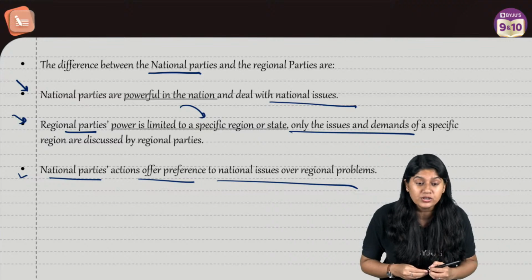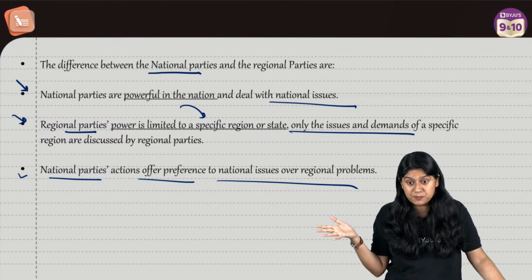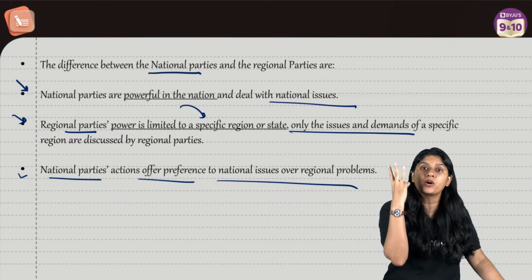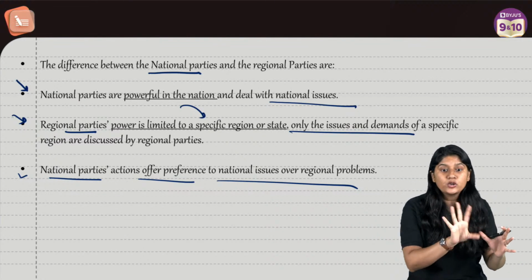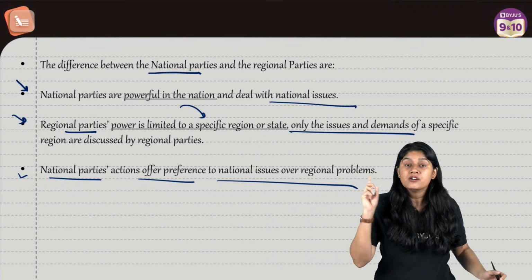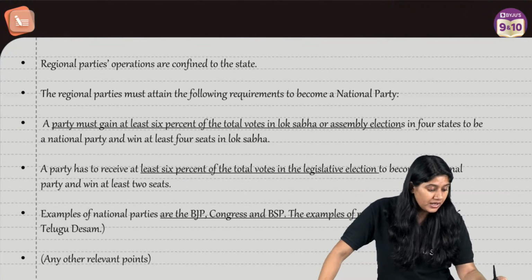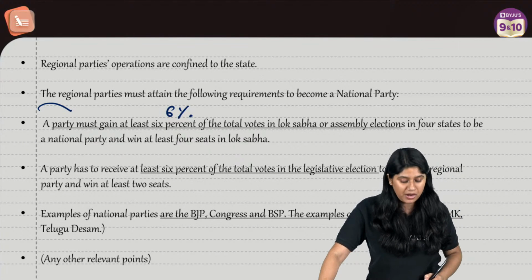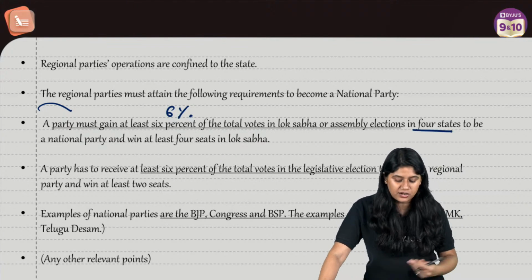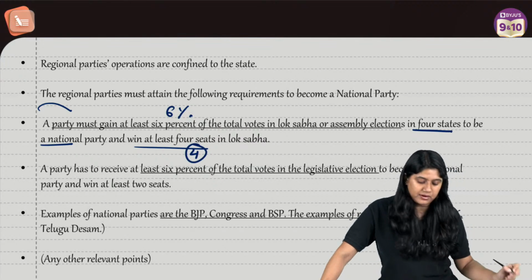Very good. Yes, 4 seats in Lok Sabha, absolutely. Now we are moving to the next part, which says what are the 3 important requirements or the essential conditions for a regional party to become a national party. First important thing is that the party must gain 6% of the total votes in Lok Sabha or assembly elections in any 4 states, and win at least 4 seats of the Lok Sabha.